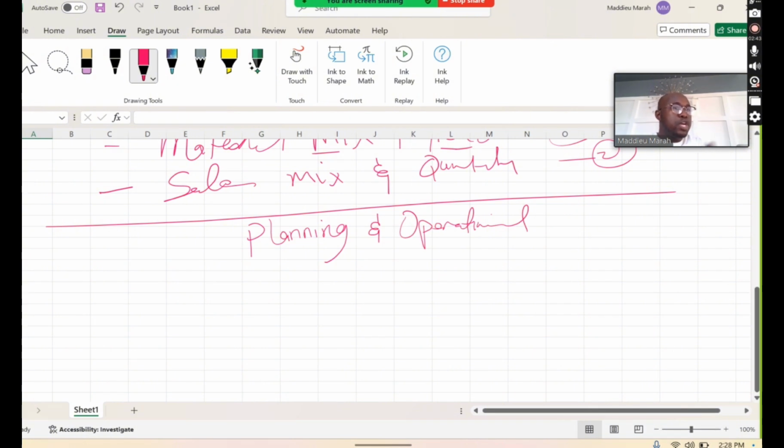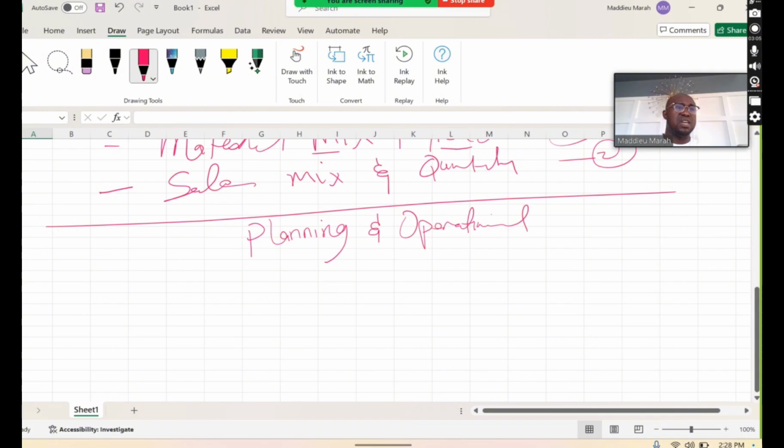Variance is a feedback way to make corrections in the organization, to know who is to be held responsible, who is not to be held responsible, what can be corrected and what cannot be corrected. Okay, it's an appraisal tool. You can also use variance to appraise the manager, whether they are doing well or not. Get it? Okay.